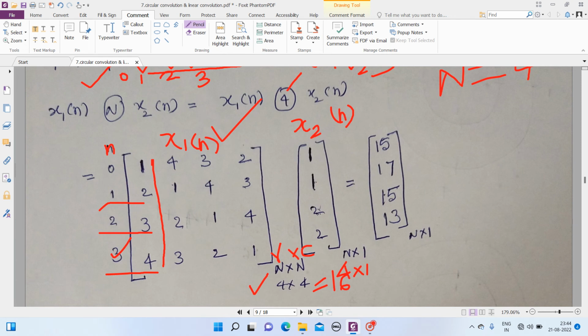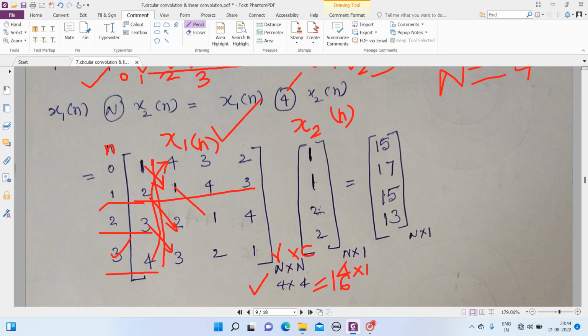Thereafter, what should we do? We just have to transfer this to the next column, the second column. So we transfer this 1 here, this 2 here, this 3 here. Then this 4 goes to the first row of the second column.